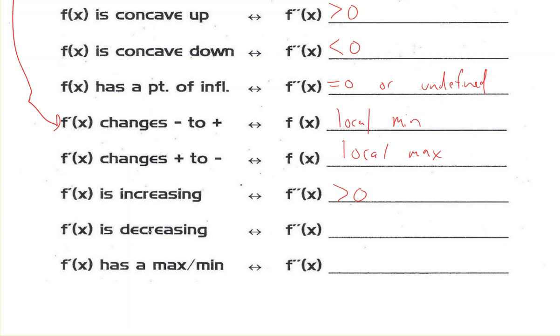If the first derivative is decreasing, that means its slopes are negative, and the slope of the first derivative is like the second derivative, so the second derivative would be negative. And if our first derivative has a max or a min, so like right here, what that tells me about the second derivative, well, the slope at that instant is either 0 or undefined.